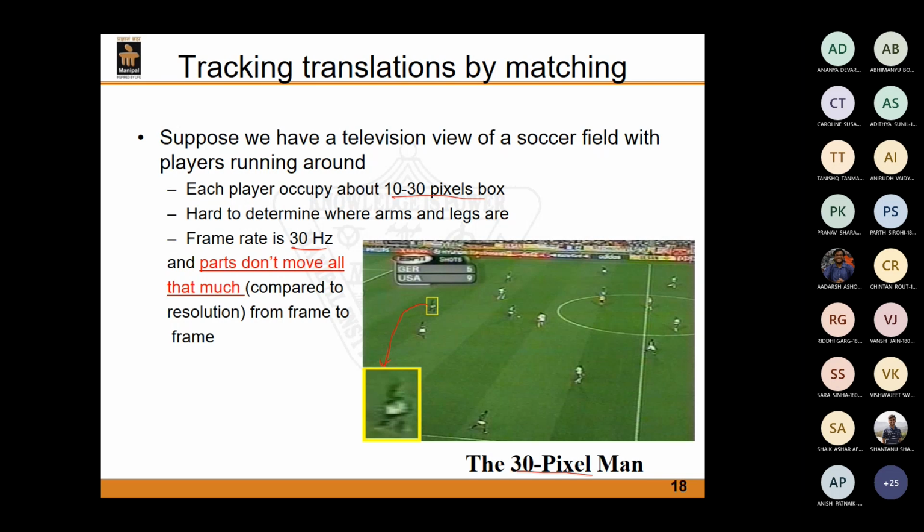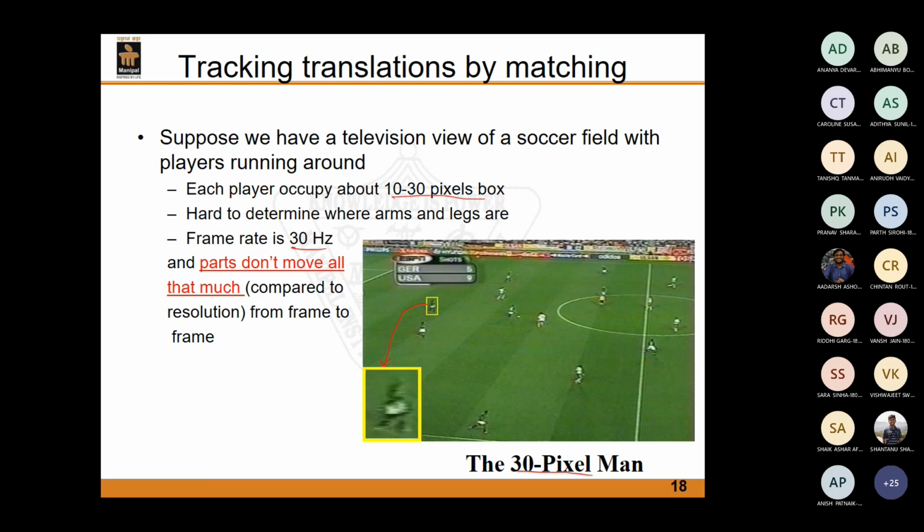So instead, in this case, where you're tracking by matching, because of these limitations, instead of tracking the person or the different parts of a person, we will track this bounding box. You have this bounding box which has bounded the object, and we try to track the bounding box instead of trying to track the person or the parts of the person.